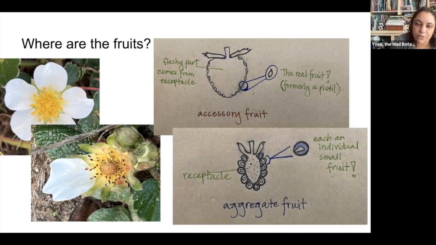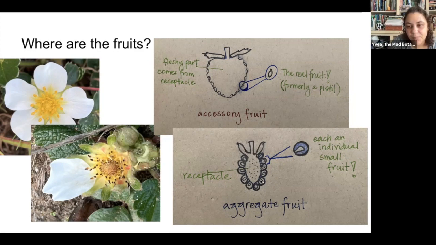And so then with raspberries and blackberries, it's similar yet different. There is still a receptacle, except that it's a lot smaller. I think this one is called a torus, but I don't know. And the seed, or rather I should say the fruits, are on the outsides in these tiny little juice packets, individual packets of yumminess. So each of these is a fruit. And we call that an aggregate fruit because all of the pistils that formed the fruit come from just one flower instead of coming from more than one flower.